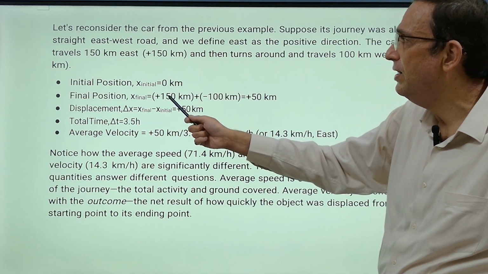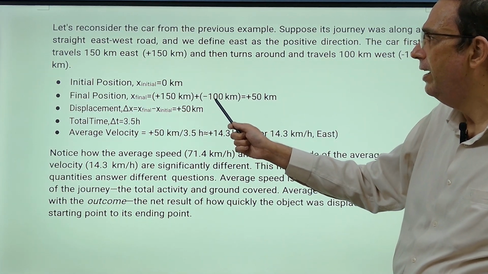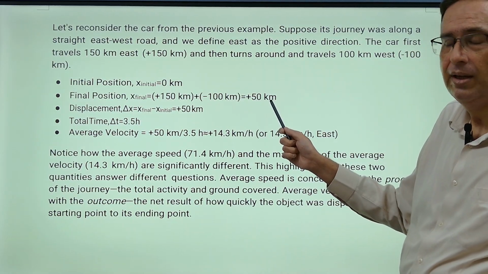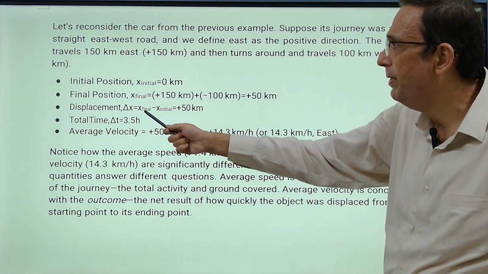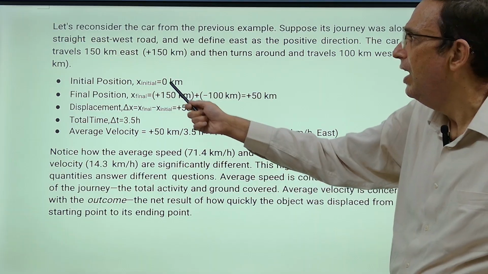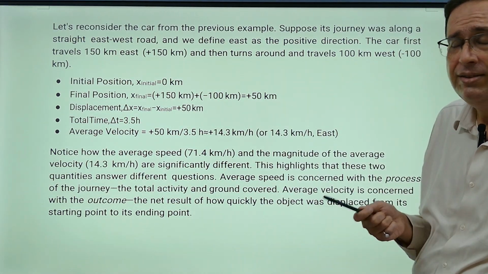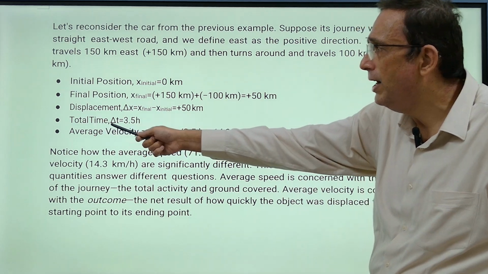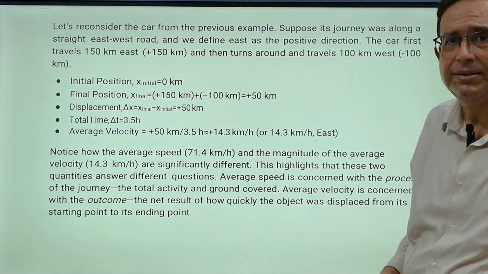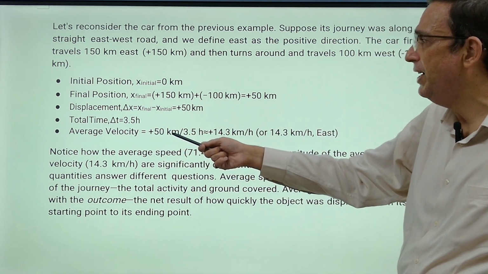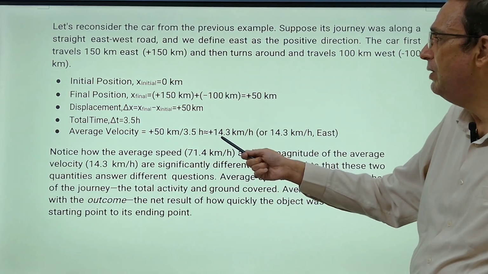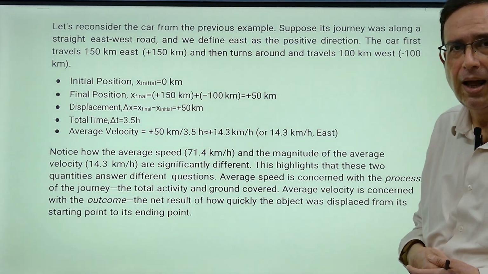The final position is 150 minus 100, which is 50 kilometers. The displacement is simply x final minus x initial, which is 50 minus 0, which is 50. That is the total displacement, and the total time is 3.5 hours. So average velocity is 50 divided by 3.5, which is equal to 14.3 kilometers per hour.